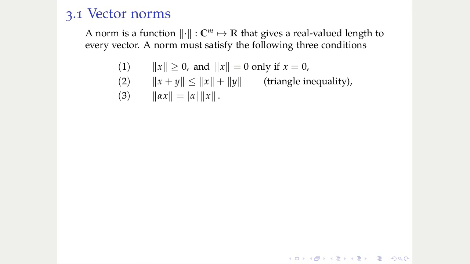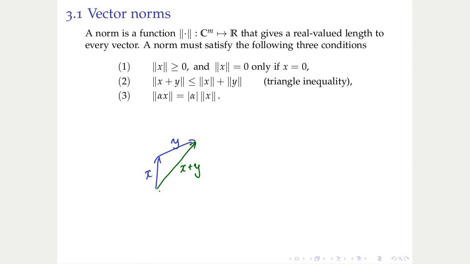The second one, a little bit more subtle, is that the norm of the sum of two vectors has got to be less than or equal to the sum of the norms. That one's much easier to see if we draw a little picture. So if I've got a vector x and a vector y, and I also draw on the vector x plus y, then what rule number 2 actually says is that the green line can't be longer than the sum of the two blue line lengths.